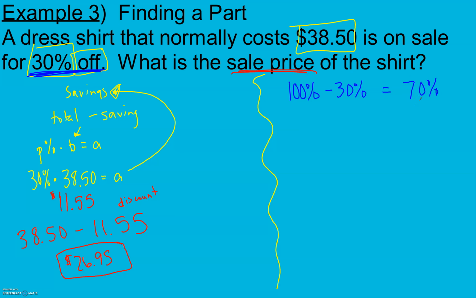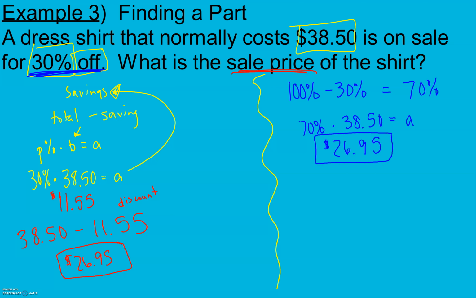And now I can figure out what amount is 70% of my total cost. So I can take 70% of, which means times, my base, my original amount, and get part. And when I do this, I get right to $26.95.